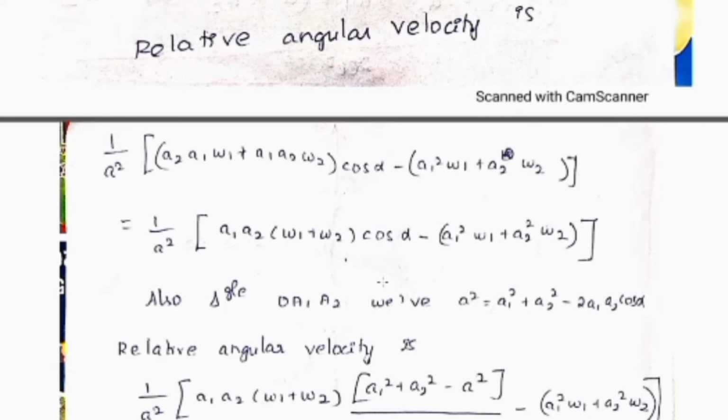You know the magnitude formula: the distance between the two is the root of a1² plus a2² minus 2 a1 a2 cos alpha. This is the general resultant magnitude formula, so a² equals a1² plus a2² minus 2 a1 a2 cos alpha.